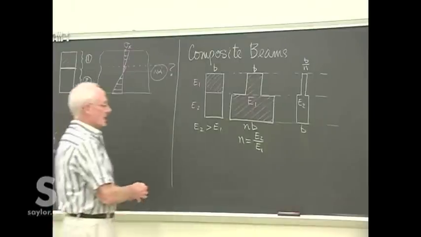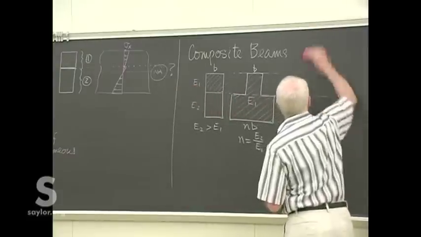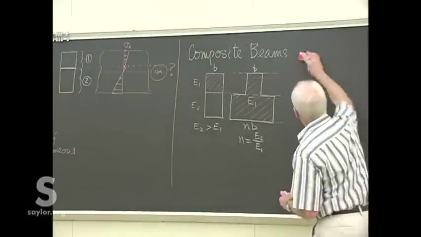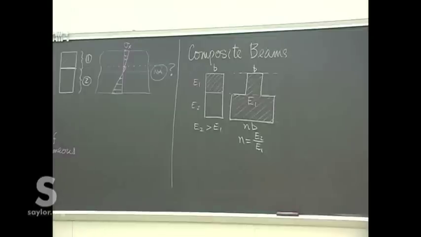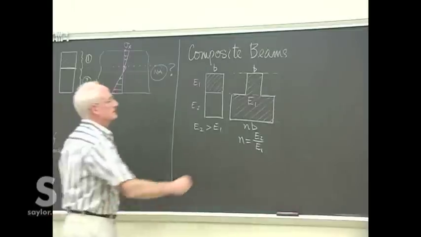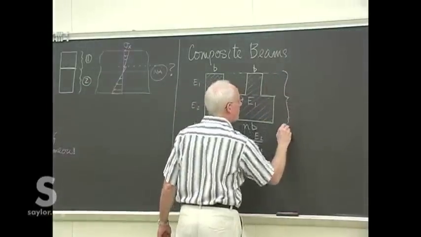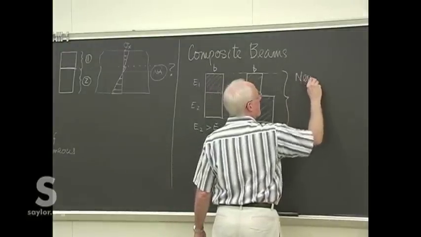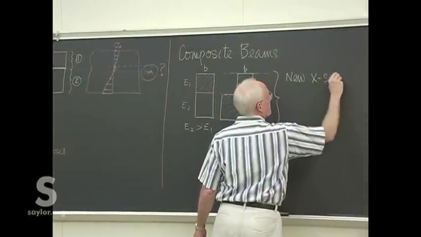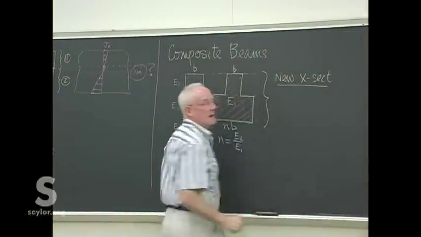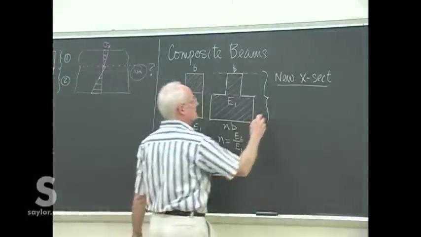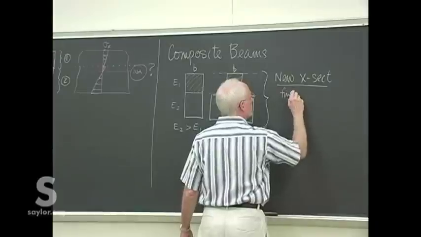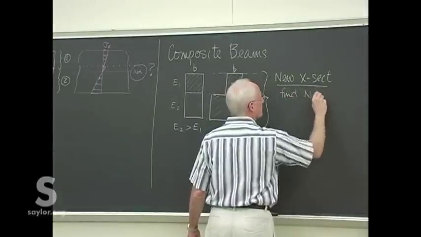Now we take this new cross section. I don't want to do 2 at once, so I'll erase that one. We take this new cross section and we now find out where the neutral axis is for this cross section.